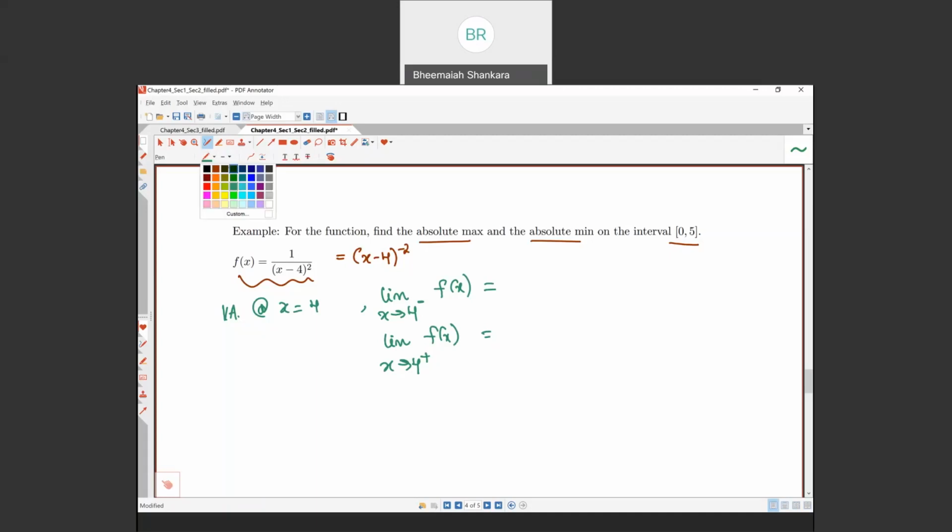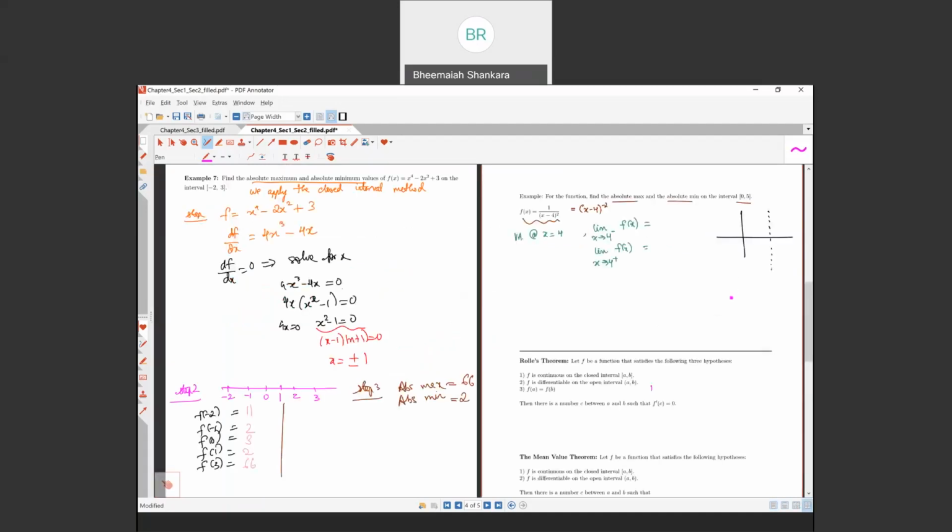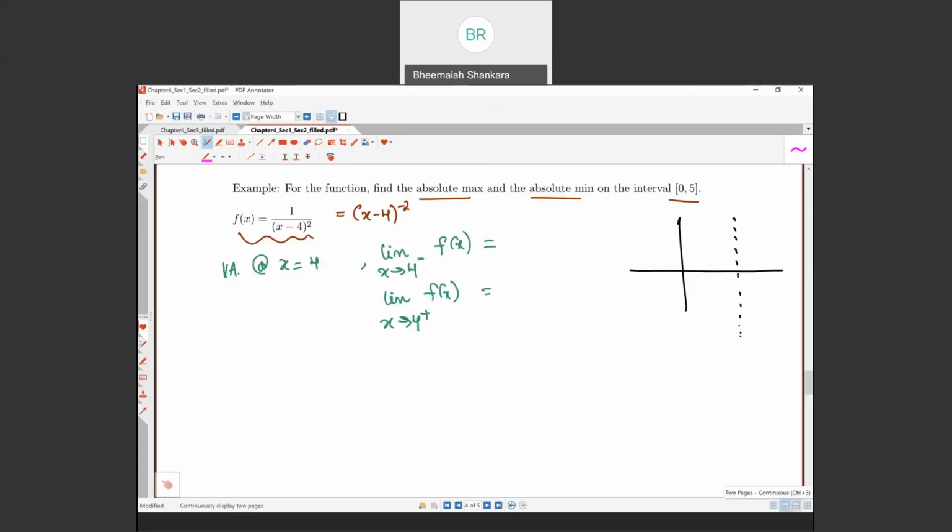So the graph of the function 1 over x minus 4 squared looks like this. At 4, the vertical asymptote, you see the graph of the function is going to infinity. So let me draw the graph here.